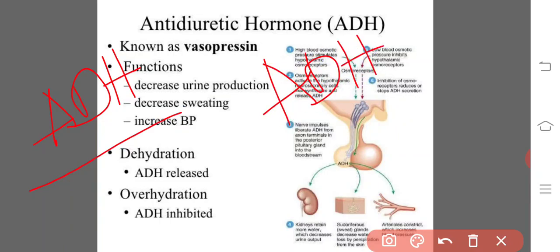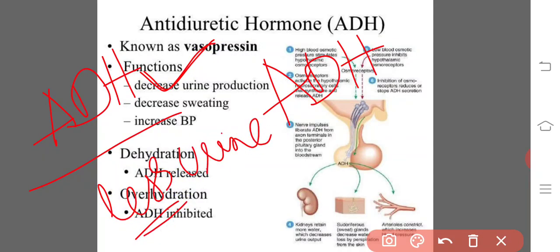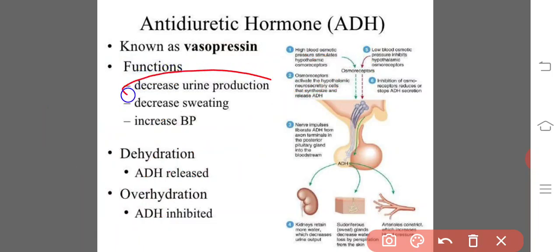When antidiuretic hormone is present, the water present in the ultrafiltrate is reabsorbed into the cortex and medullary tissues of the kidney, thereby less urine is produced. There is a decrease in urine production.